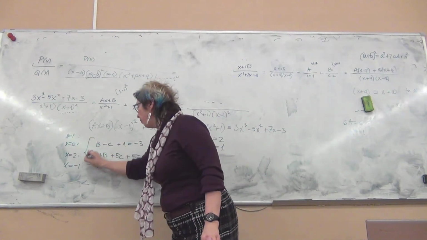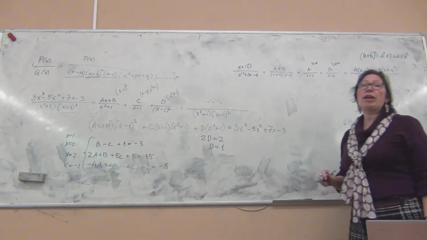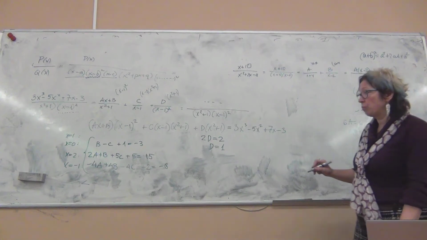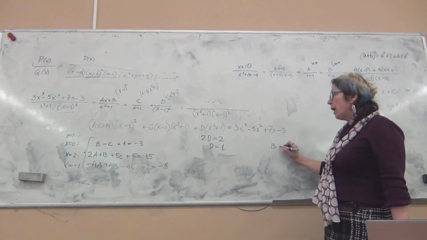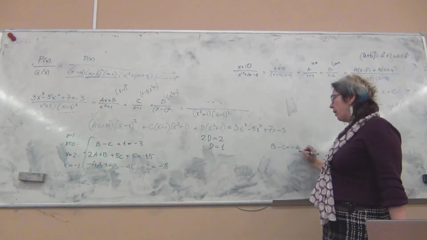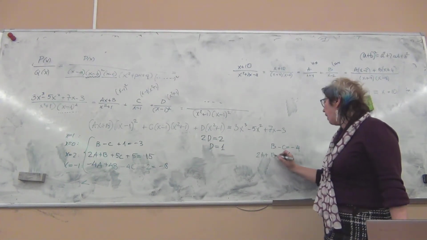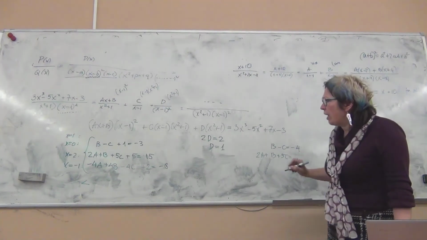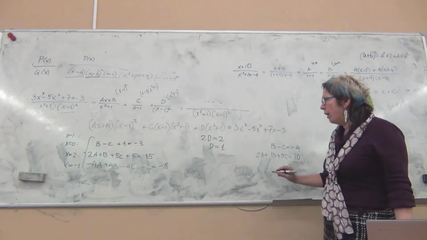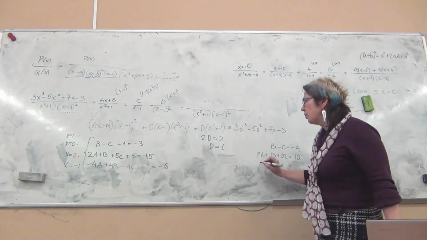And now we have a system of 3 equations with 3 unknowns, 3 variables. So b minus c equals minus 4, 2a plus b plus 5c equals 10, and minus 4a plus 4b minus 4c equals minus 20.